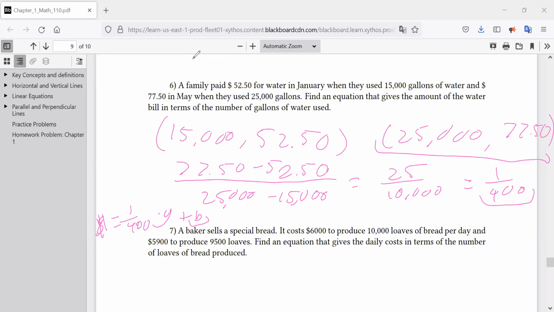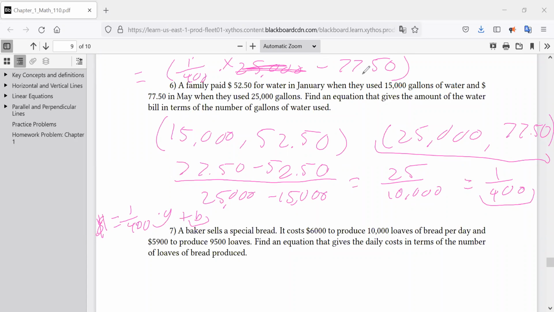So if we do 1 divided by 400 times 25,000 minus 7750 is equal, oh, sorry, this should be X, right?